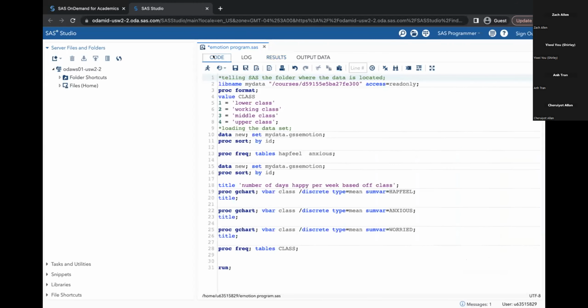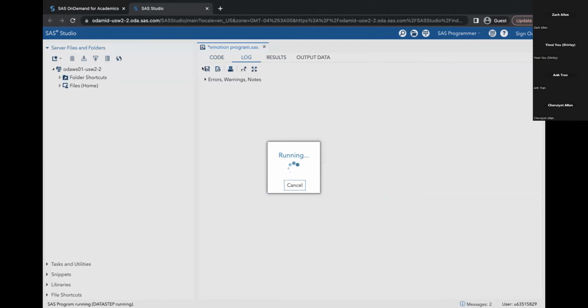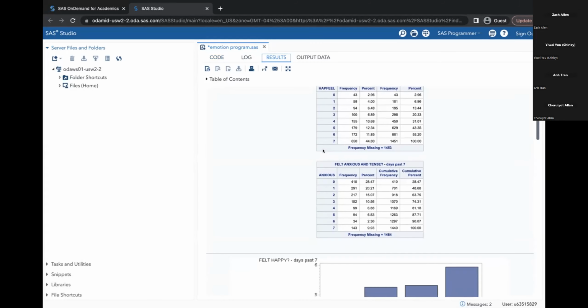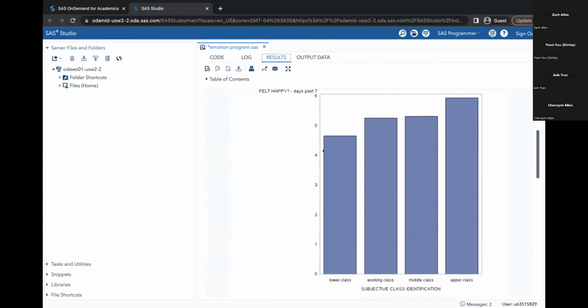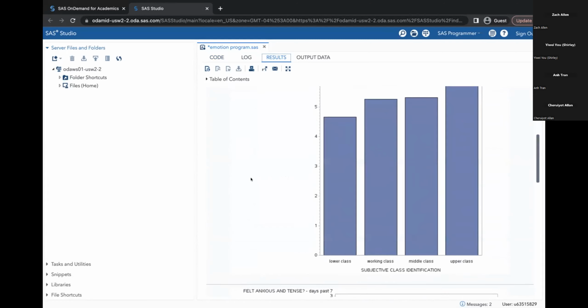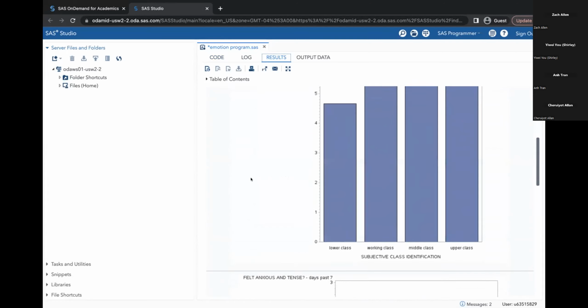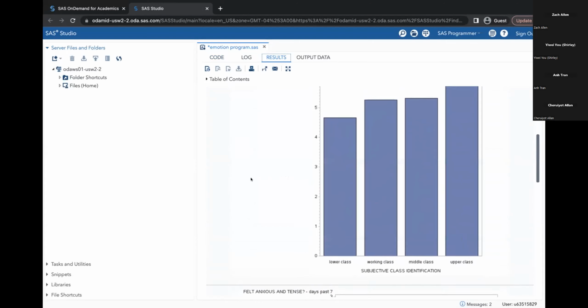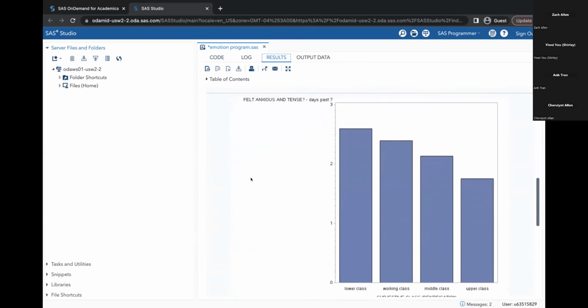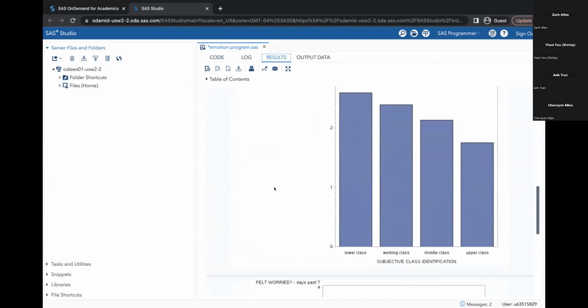So I was trying to look at the link between different emotions and class. Okay, great. Let me see the outcome. So happy looks sort of linear, right? You're happier the higher class status you have. And then I found you're less anxious.